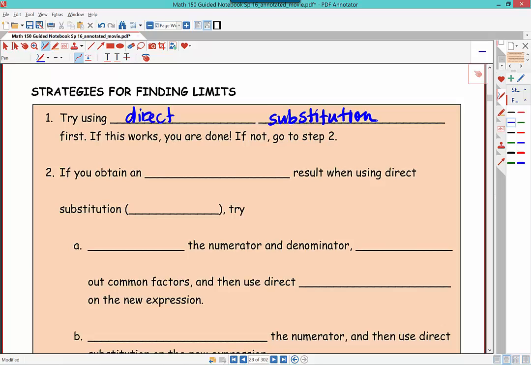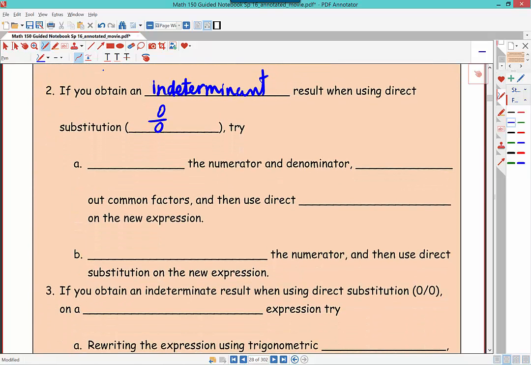So if you obtain an indeterminate result when using direct substitution, remember, 0 over 0, try factoring the numerator and denominator, dividing out common factors, and then use direct substitution on the new expression.